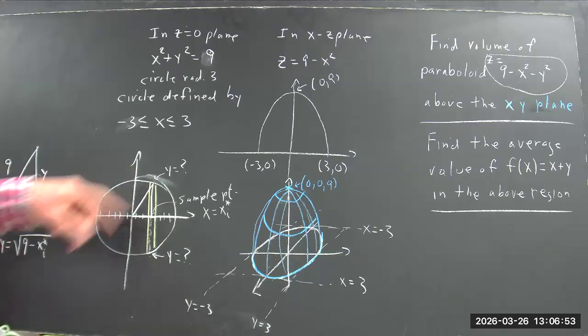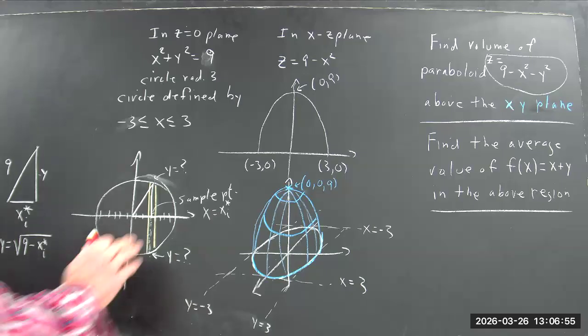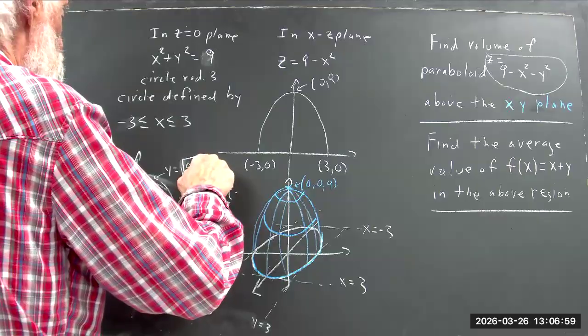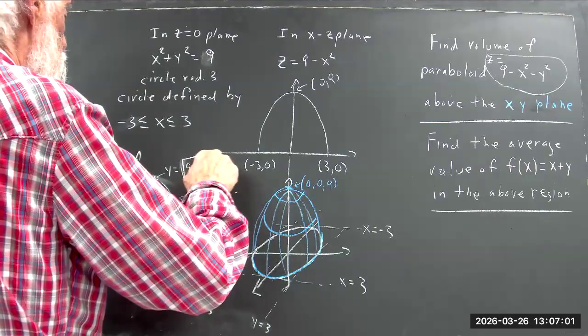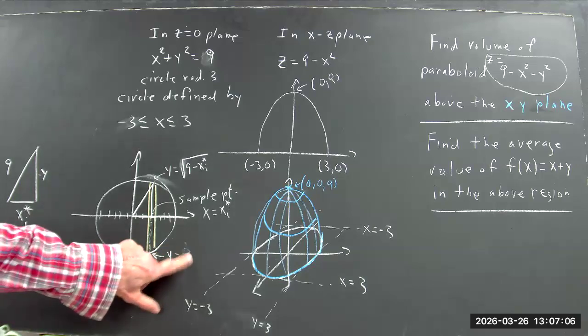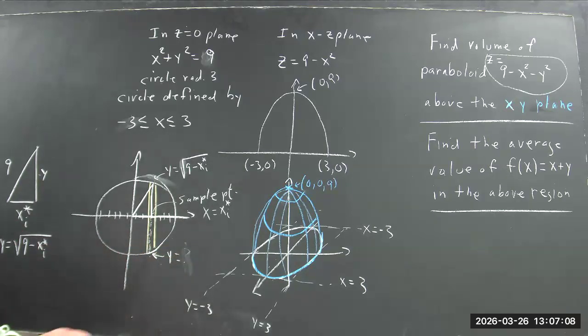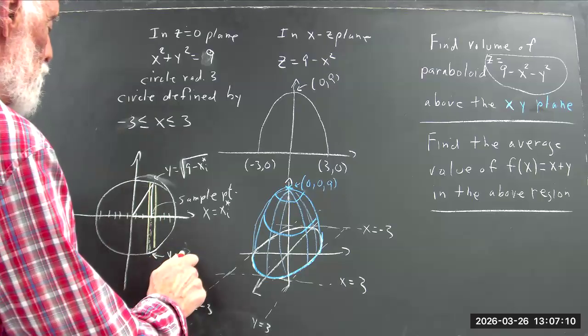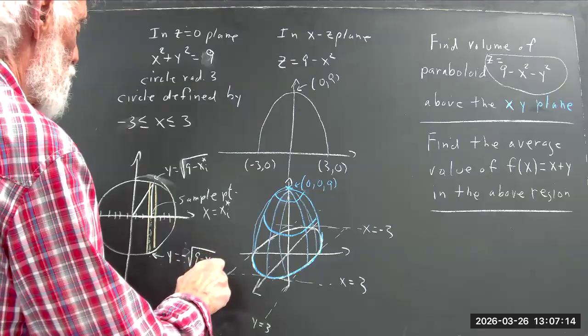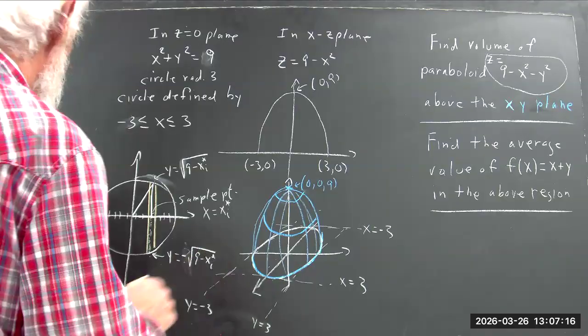So the y coordinate here is the square root of 9 minus xi star squared. What's y down here? Well, by symmetry, you know it's going to be negative the square root of 9 minus xi star squared.